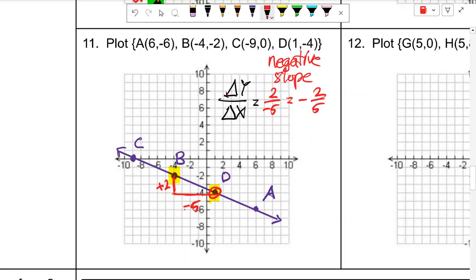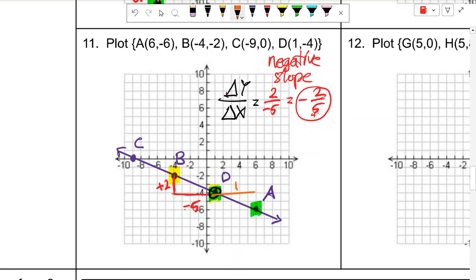So my change in y is 2, and my change in x is negative 5. And 2 divided by negative 5 is negative 2/5. Now that's my slope, negative 2/5. I can easily choose two different points. Let's say I choose A and D. And I could start at D. It really doesn't matter where you start. So I start at D and I go 1, 2, 3, 4, 5.